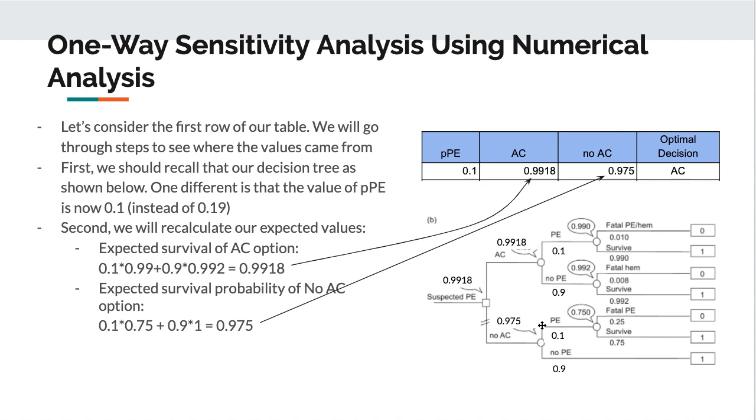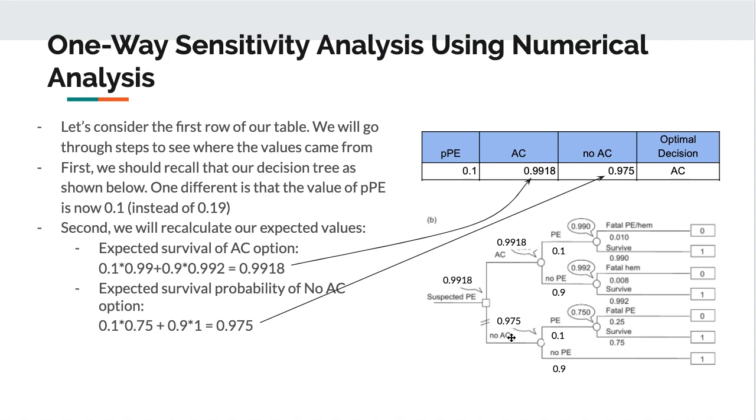Now we calculate one more time to obtain the expected value of the no AC option. That equals 0.1 times 0.75 plus 0.9 times 1, so the expected value of no AC equals 0.975. That's going to be here, right?